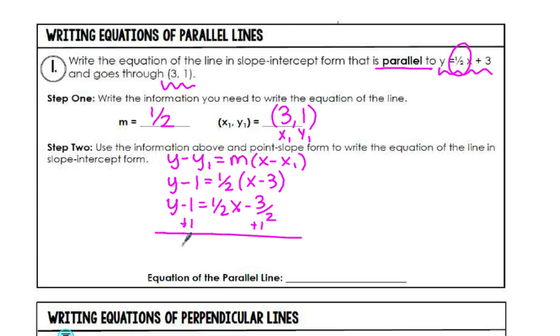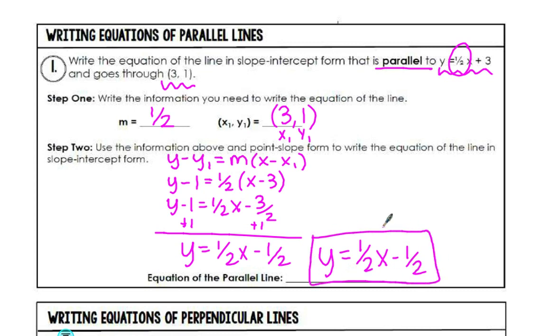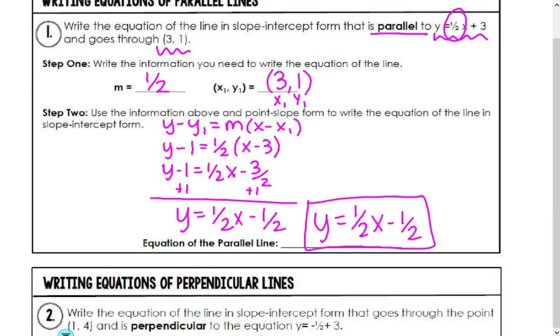I know you're not doing this, which is fine. I'm just going to tell you what this becomes. Negative 1/2. So the equation of the parallel line, my new line, is going to be y equals 1/2 x minus 1/2. And we can always put these two things in our calculator to check and see that in fact they are parallel, but for time's sake I'm going to skip that. But if you want to pause and go do that, I would love it.